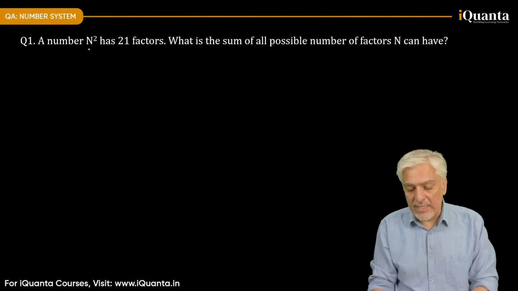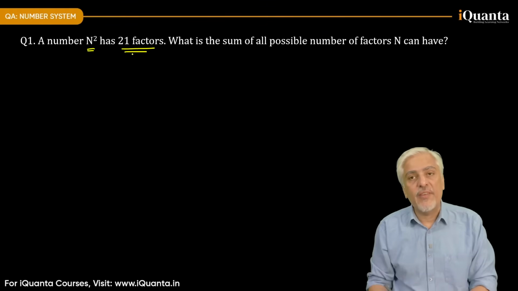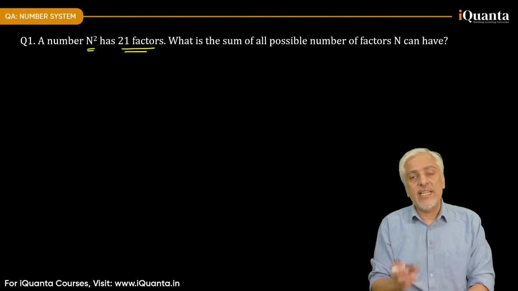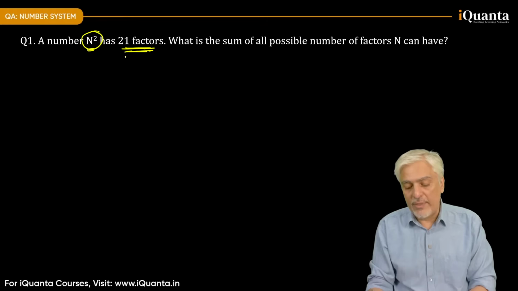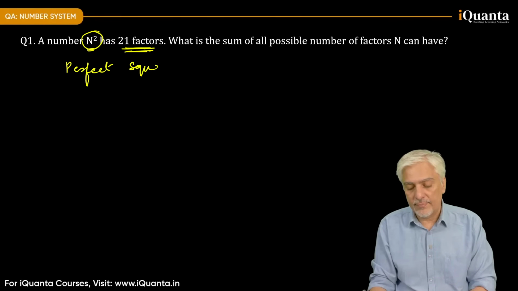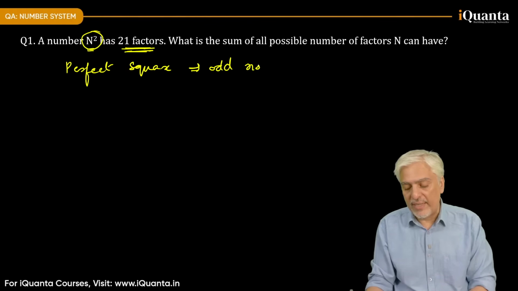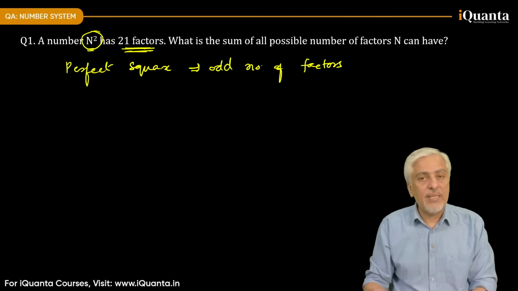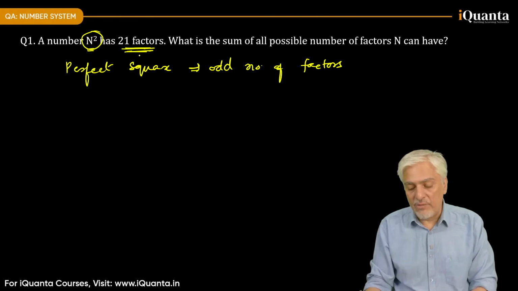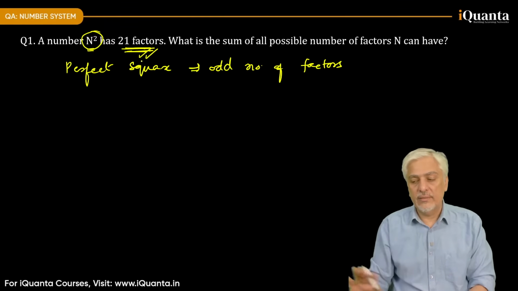So a number n square has 21 factors. Because it has 21, we know a perfect square has an odd number of factors. I have not started the concept; I'm giving off the basic concepts. Think a little bit and tell me, when can a number have 21 factors?